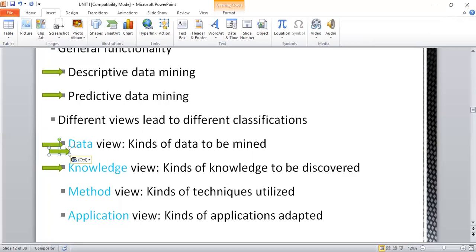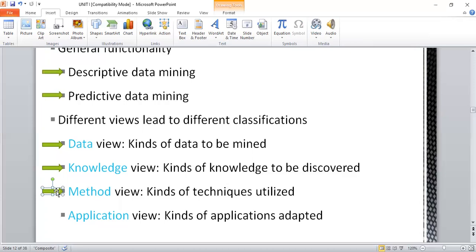Next one is your method, according to the kinds of method mined, or according to the kinds of technique utilized. What kind of techniques can we utilize? It can be described according to the degree of user interaction involved with the techniques, like interactive systems, autonomous systems, query-driven systems.